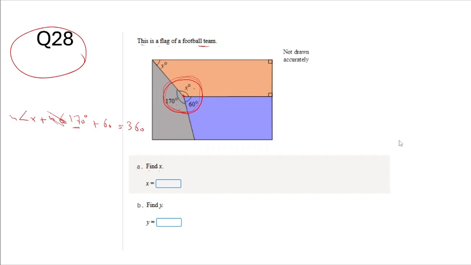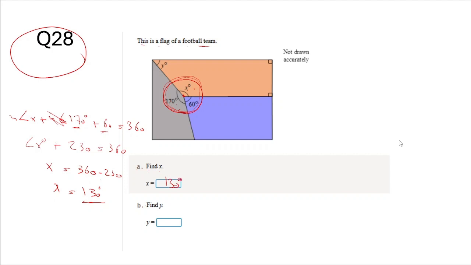So this one will be 230 plus angle x equal to 360. So x will be equal to 360 minus 230. So that means x will be 130. So the answer here would be 130.